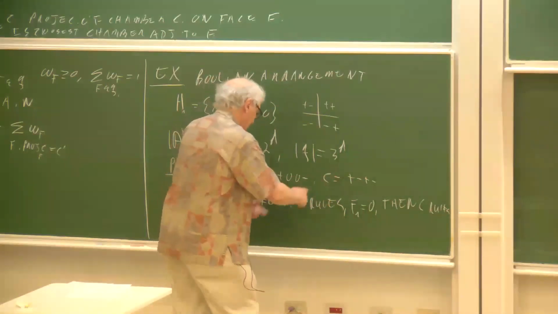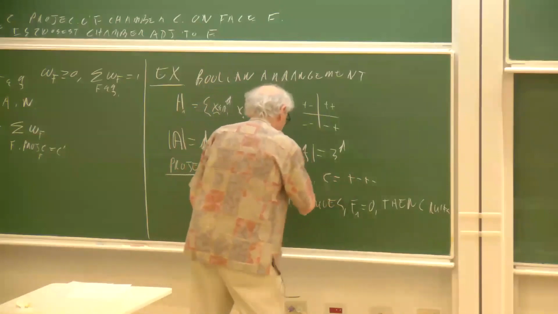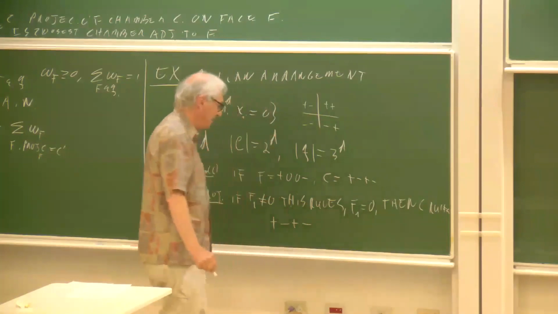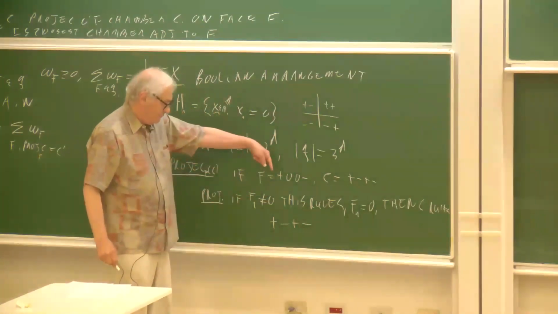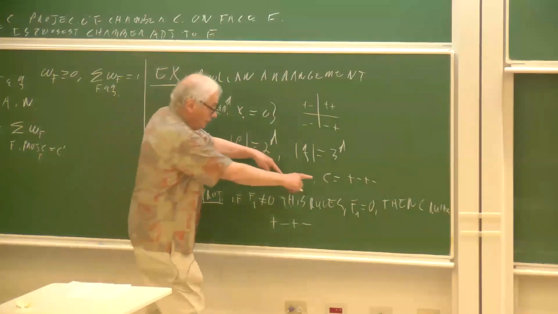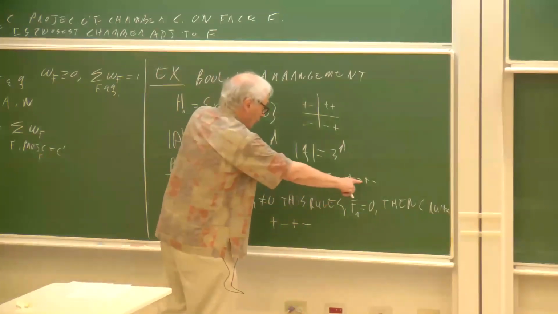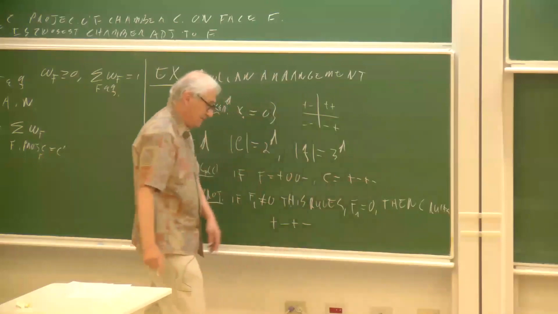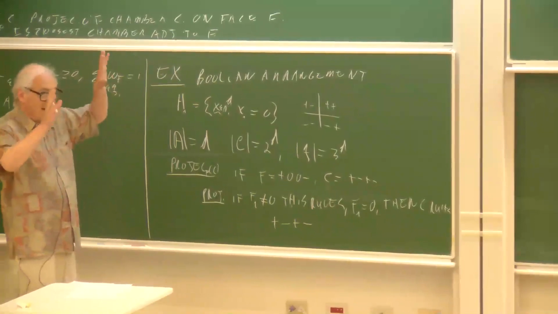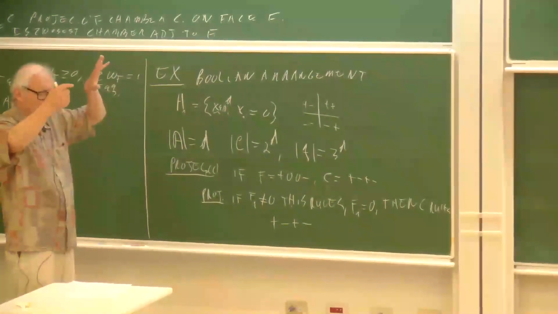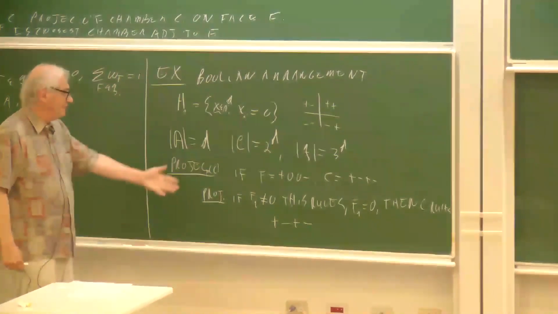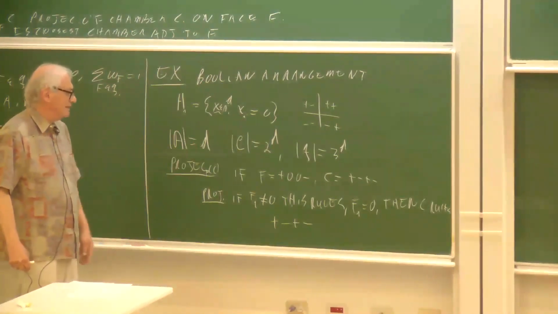Here it's a 0, so it would become plus minus, I think, if I did it right. Here, this has a non-zero coordinate. Here, you use the coordinate from C. Here, you use the coordinate from C. And here, it has a non-zero coordinate. Okay, the projection is the closest chamber to the face. And if you think about it geometrically, that's what it becomes.